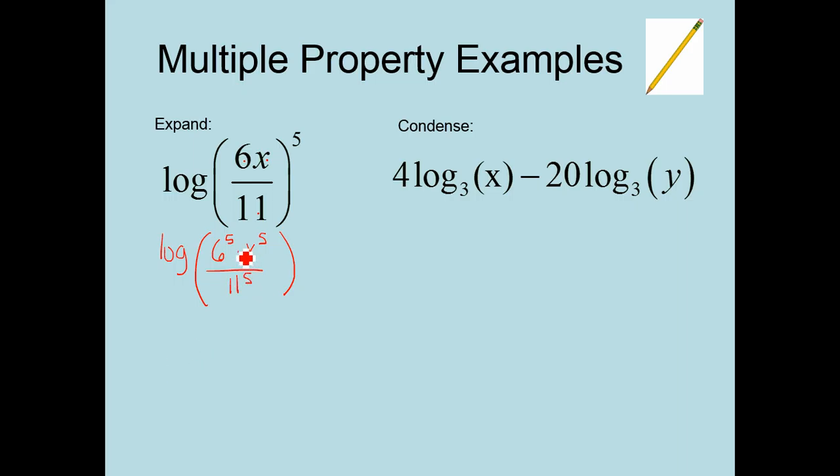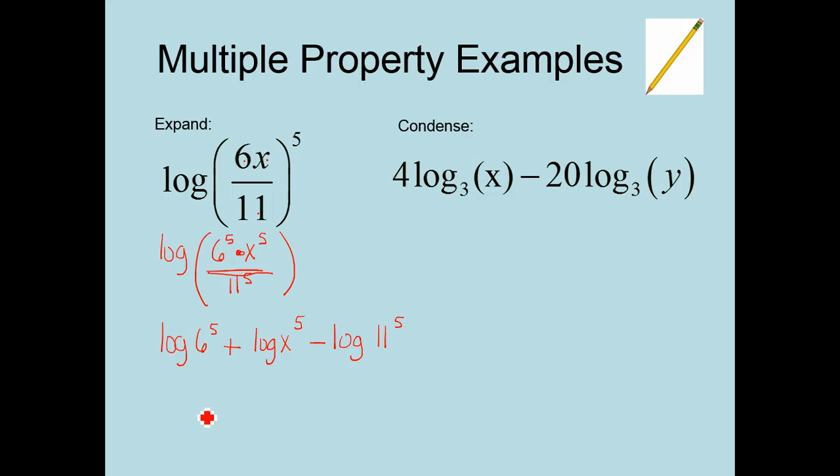And now up on top of the fraction, let's start there. We would have log of 6 to the 5th plus, because we have a times sign, log x to the 5th. Now we're going to divide, which means subtract, log 11 to the 5th.